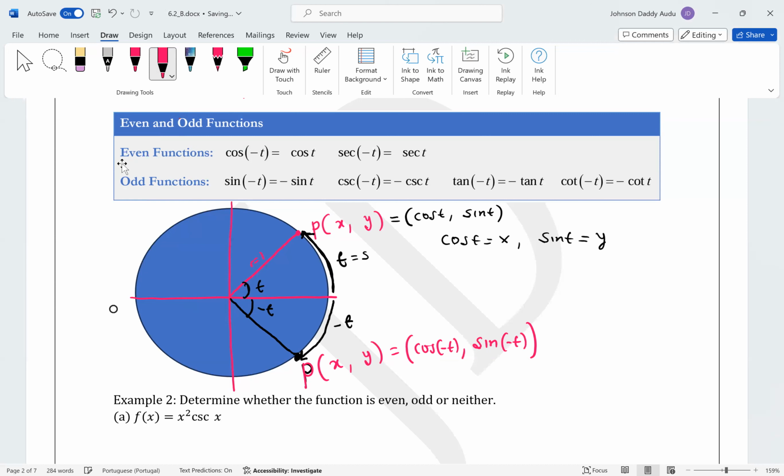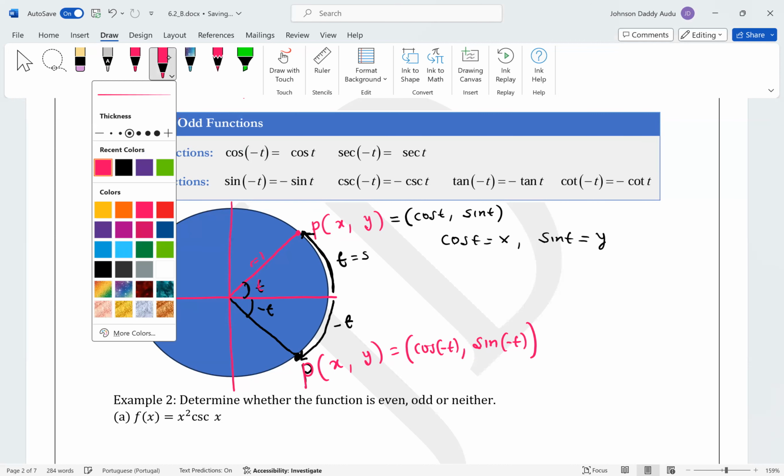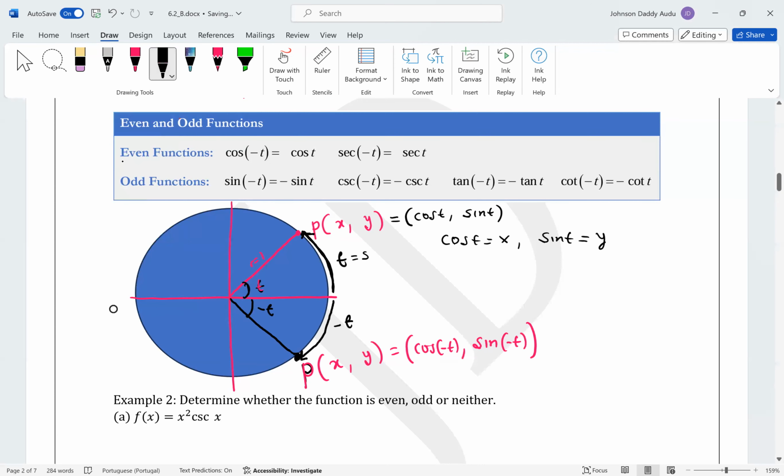What is the difference? The positive direction is going anticlockwise, so that is why we have t positive. And clockwise, we have t negative.